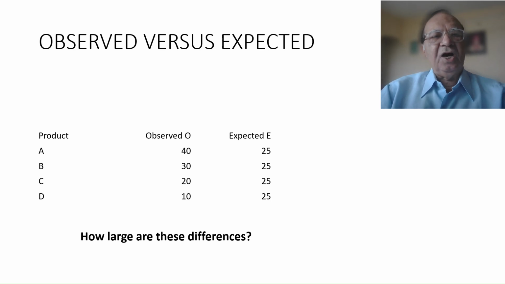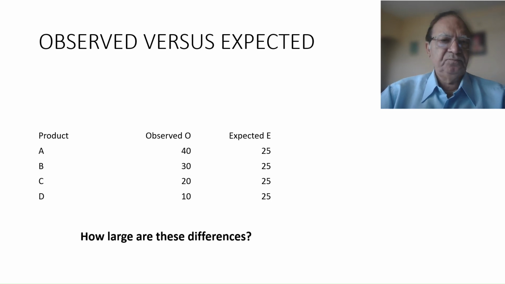Now place the observed and expected frequencies side by side. Product A, we observed 40 but expected 25. Similarly, for B, we observed 30 but expected 25. Product C, we observed 20 but expected 25.